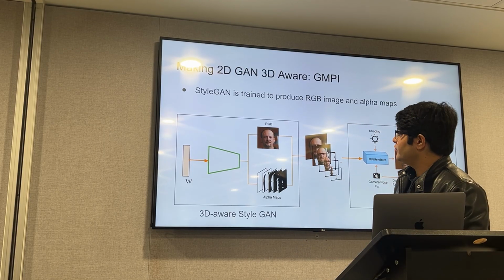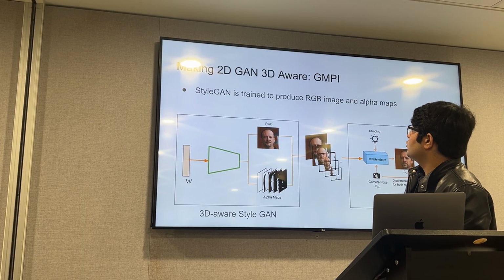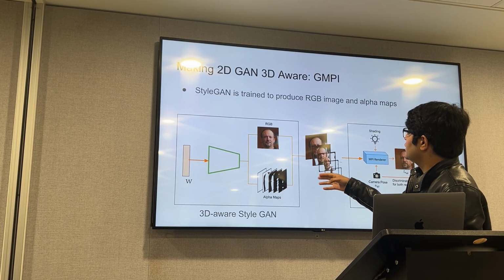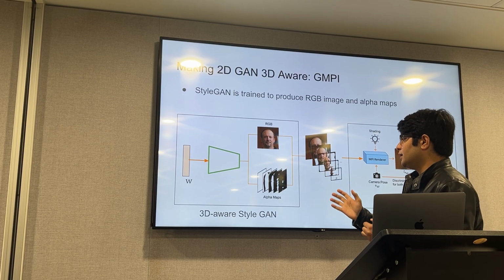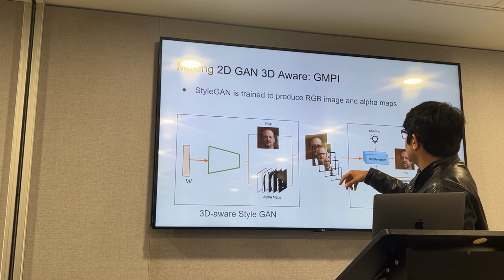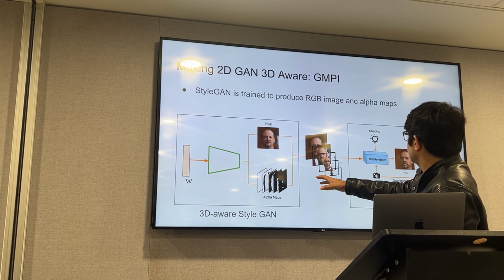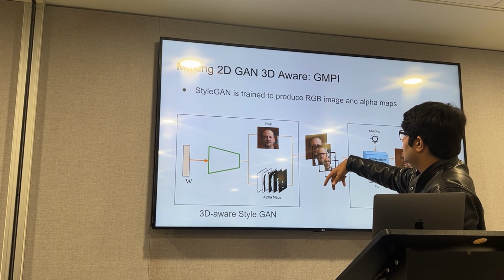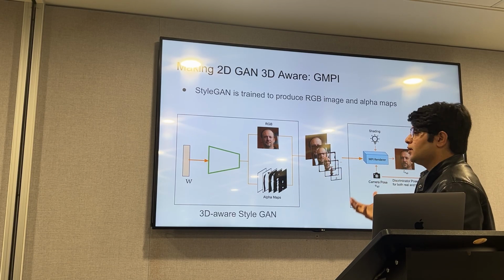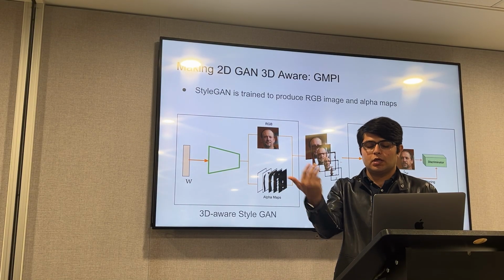Usually, in order to convert a 2D GAN to be 3D aware, we add something called alpha maps that generate different poses of the input image, and then we use existing renderers that can take these generated outputs and render an image at a certain camera pose. So this way we can create a 3D image of a face, right?